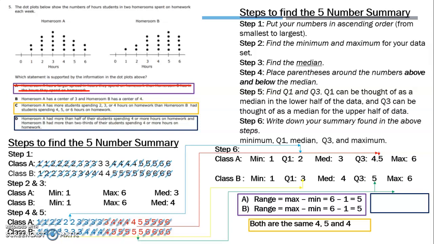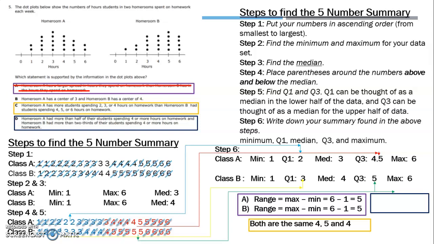So 1, 2, 3, 4, 5, 6, 7, 8, 9 of the 20. 9 of the 20. So did 9 of the 20, is that more than half? 4, 5, 6, 7, 8, 9, 10, 11, 12, 13, 14, 15, 16, 17, 18, 19, 20. So 9 of 20. So that's false. That's not true, because it's 9 out of 20.